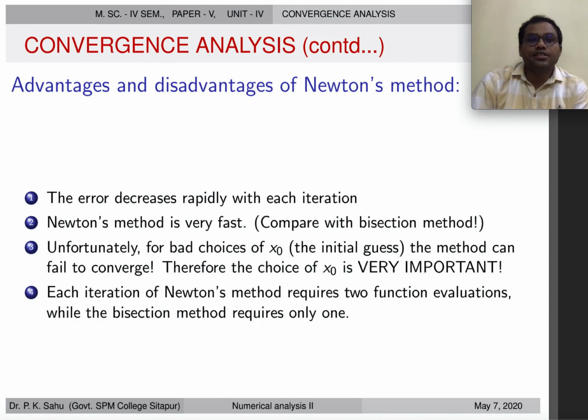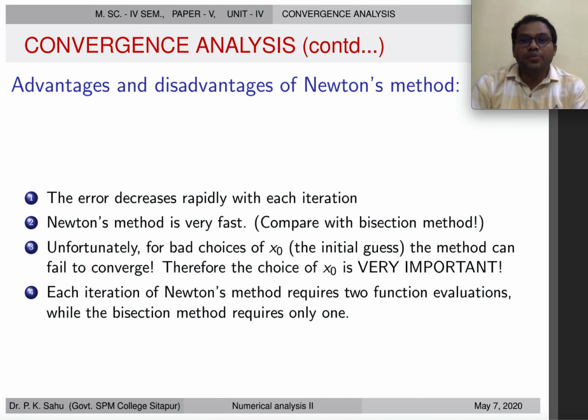Now let's discuss some advantages and disadvantages of Newton method or Newton-Raphson method. For the details of Newton-Raphson method you can see my lectures 3 and 4. The error decreases rapidly with each iteration, and the Newton method is very fast compared with the bisection method, because Newton-Raphson method has second order of convergence and bisection method has linear order of convergence.